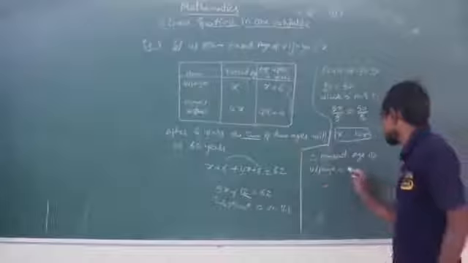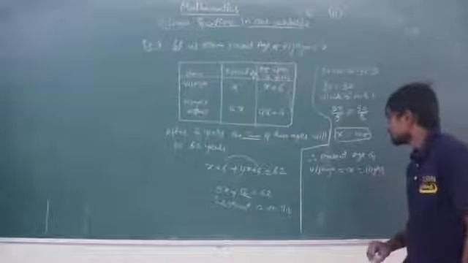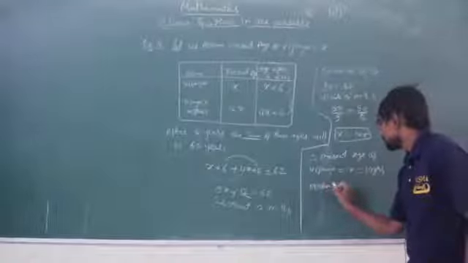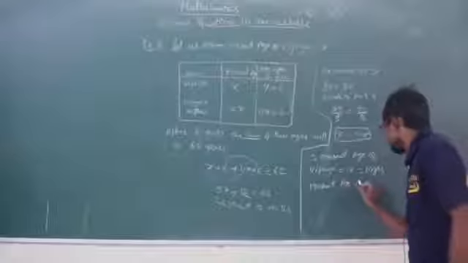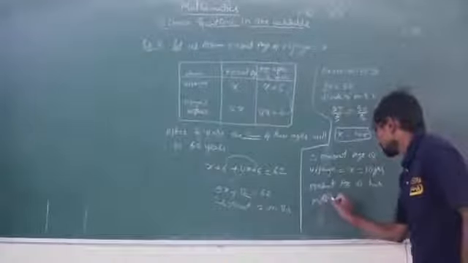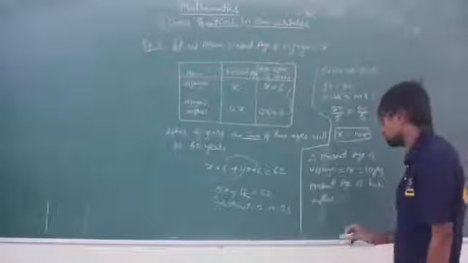Present age is x. That value we have got as 10 years, isn't it? And similarly, the present age of her mother, what is it? We have taken 4x, 4 times bigger, isn't it?